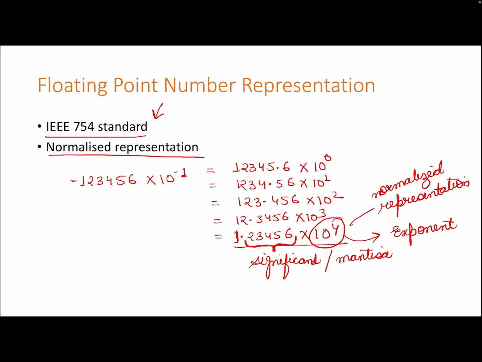When we talk about binary, we have just 2 digits, 0 and 1, and the combination of these 2 digits can represent any number. In the normalized representation of a binary number, instead of base 10 we have base 2, and the first bit before the binary point will always be 1. We don't write it, it is implicitly known that this bit will be 1.